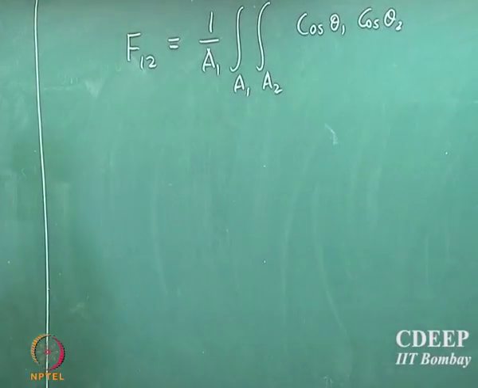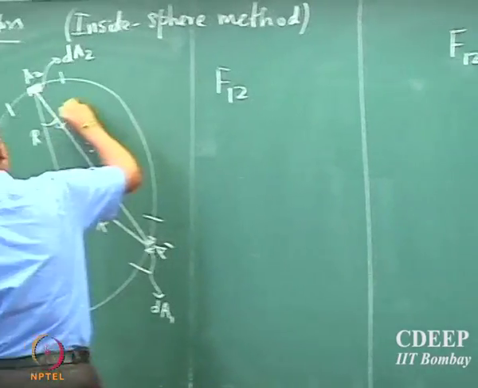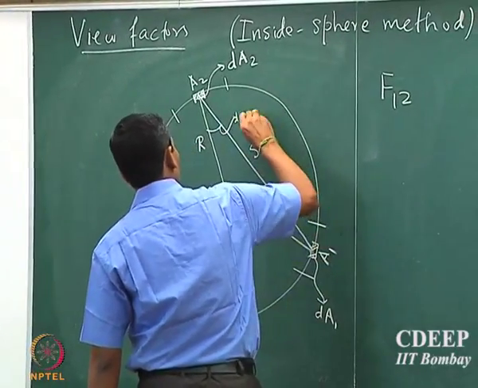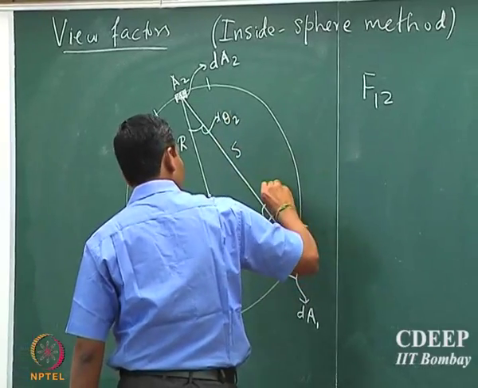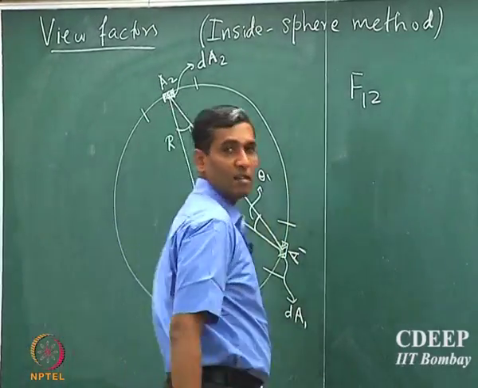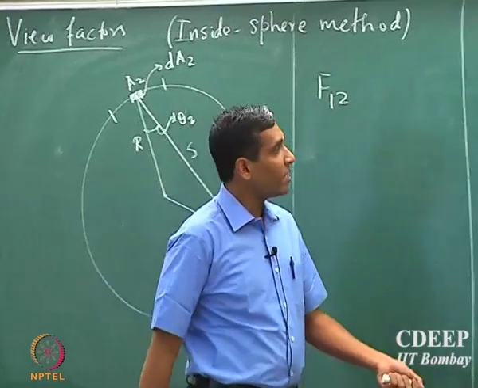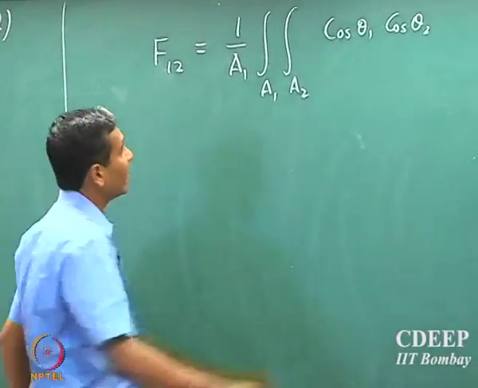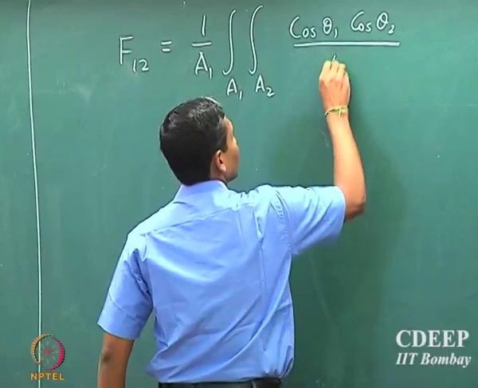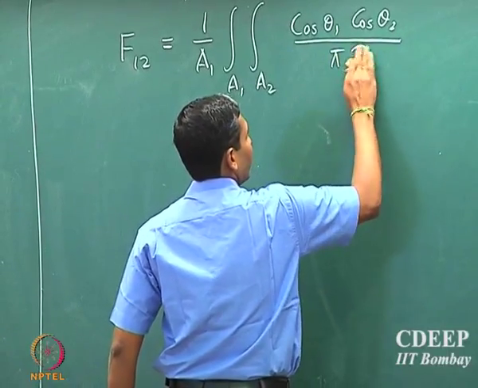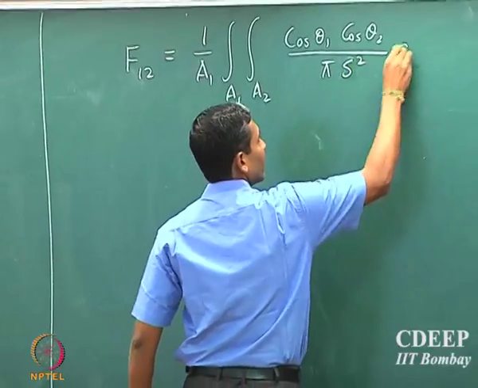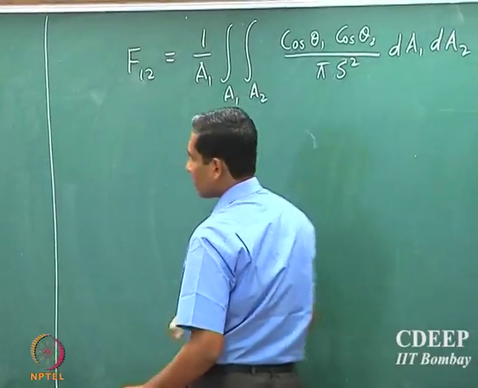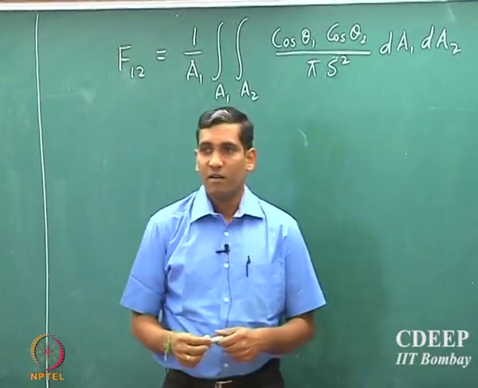So if the angle here is theta 1 and theta 2, then I'll have F12 is 1 by A1 integral over A1 integral over A2 cos theta 1 cos theta 2 by pi s square into dA1 dA2. Okay, so that's the view factor.